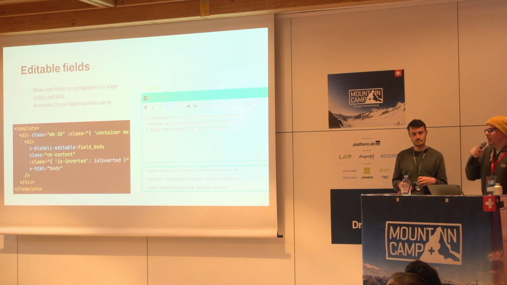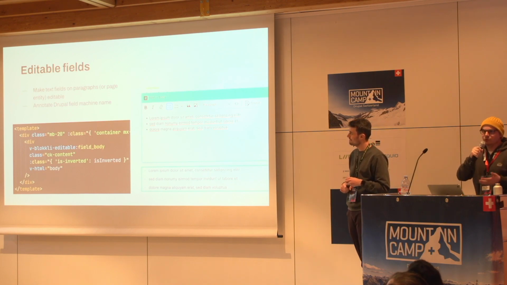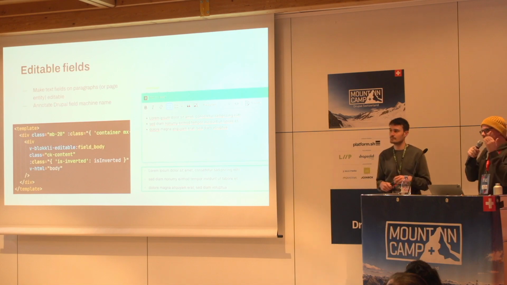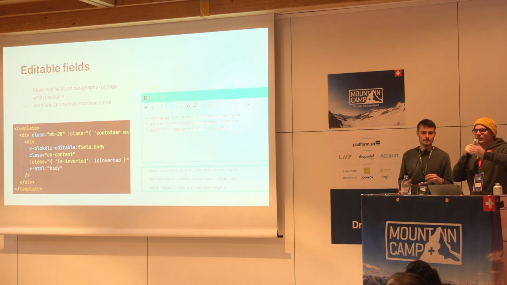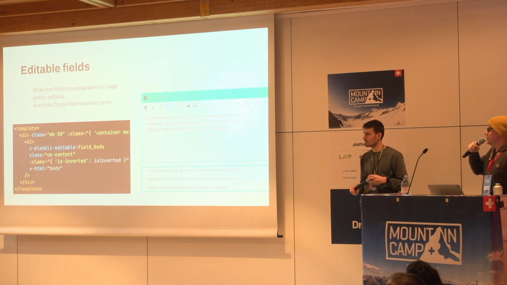You do that by using the v-blokkli-editable directive, and you define the field name, which is the Drupal machine name for it, and Blokkli then gets from Drupal a list of all these possible text fields and what type they are. So Blokkli knows that field body on this specific paragraph or entity is a rich text field.